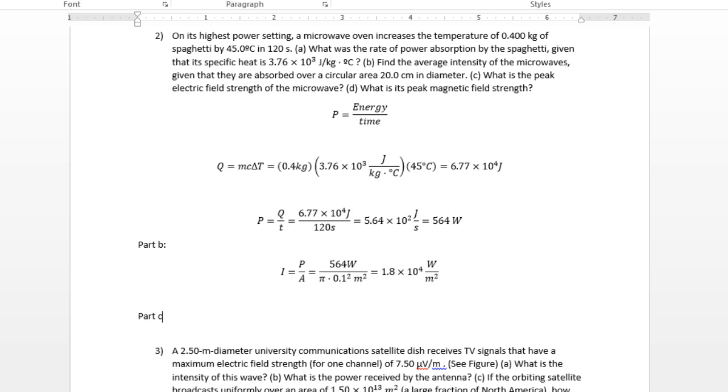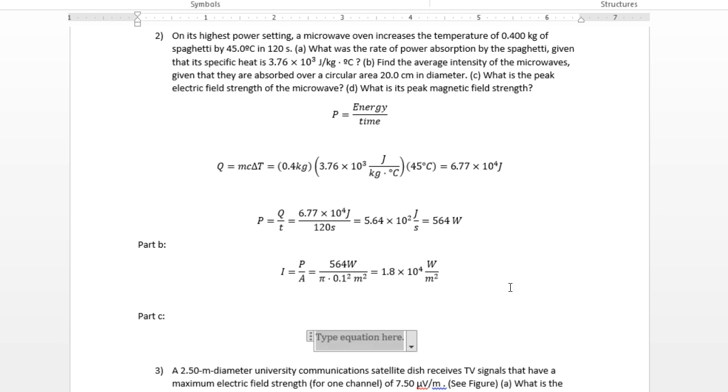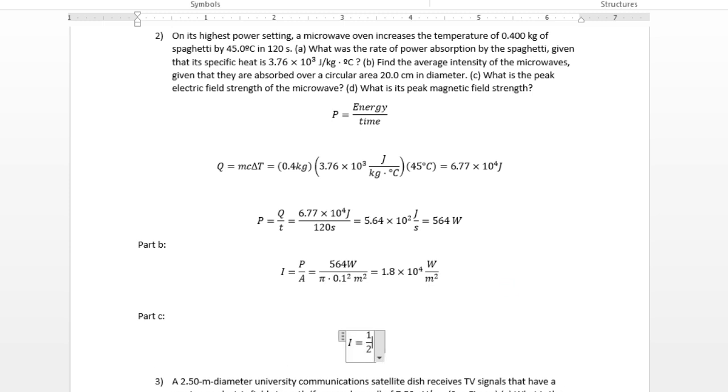Part C, what is the peak electric field strength of the microwave? Okay, so we have the intensity, and once we have the intensity, we just go to our handy little equation that is I equals 1/2 c epsilon naught E naught squared, where c is the speed of light this time, not the specific heat of the material.